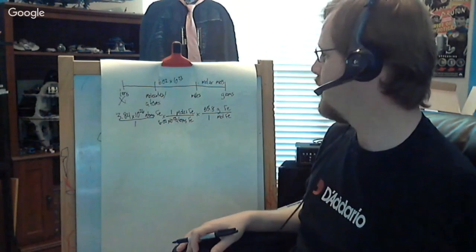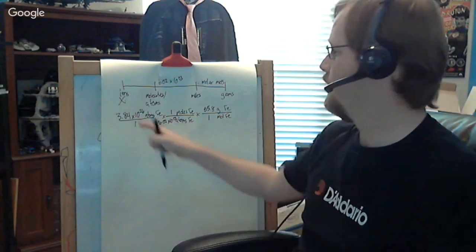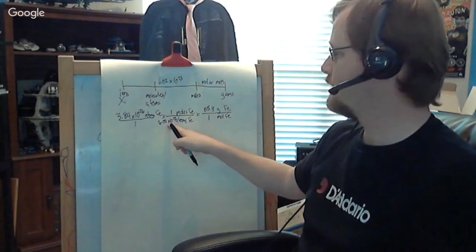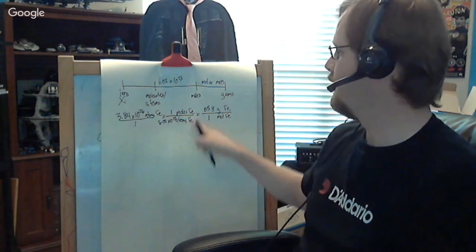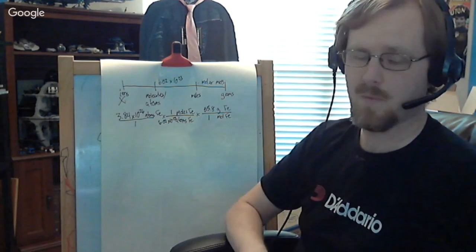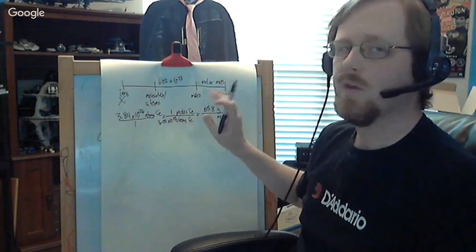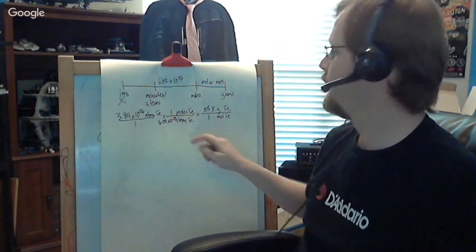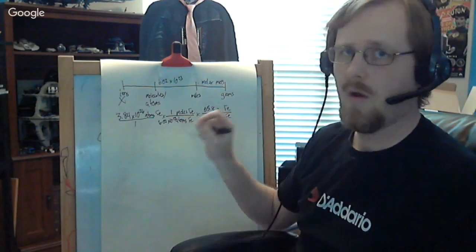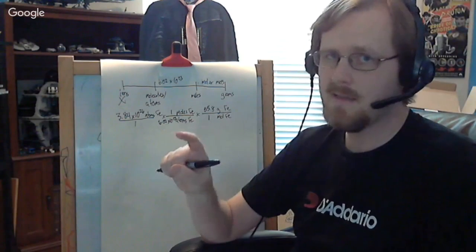Okay, so now when I go to multiply this, I'm going to grab my calculator, and I'm going to do 3.84 times 10 to the 26 divided by 6.02 times 10 to the 23rd times 55.8. Now here's the other part about doing this. When using the calculator, do not type in times 10. All of your calculators have a special button on it that says EE.